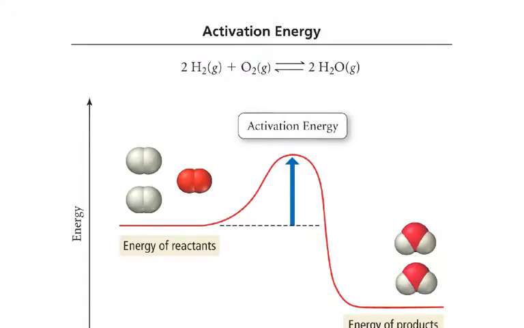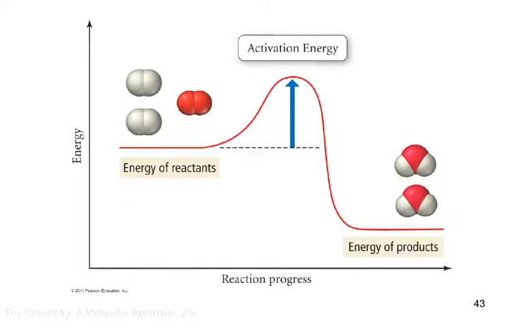Let's look at what that looks like. So for reactants and products for an exothermic reaction, we know that energy is given off, but the reaction doesn't happen instantaneously because of this activation energy barrier.